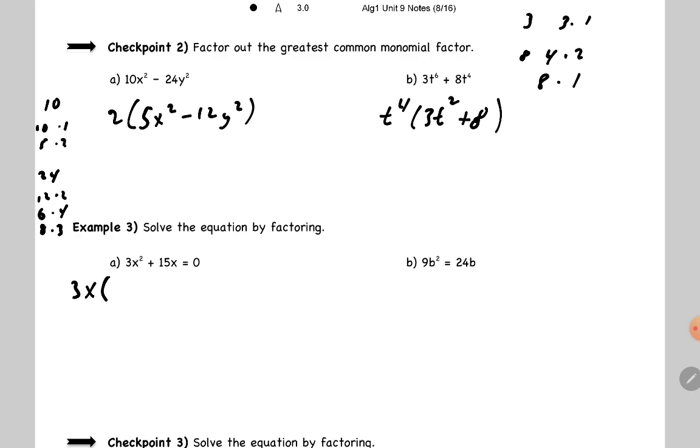So if I pull out a 3x, the 3 goes away and becomes 1, and x squared divided by x becomes x. 15 divided by 3 is 5, and if I pull out an x, then x goes away. And we have this equal to 0. So either 3x is equal to 0, or x plus 5 is equal to 0. So 3x equals 0, so that means x equals 0, because if you divide both sides by 3, you'll get 0 divided by 3, and so x is 0, or x plus 5 is equal to 0, so x equals negative 5.